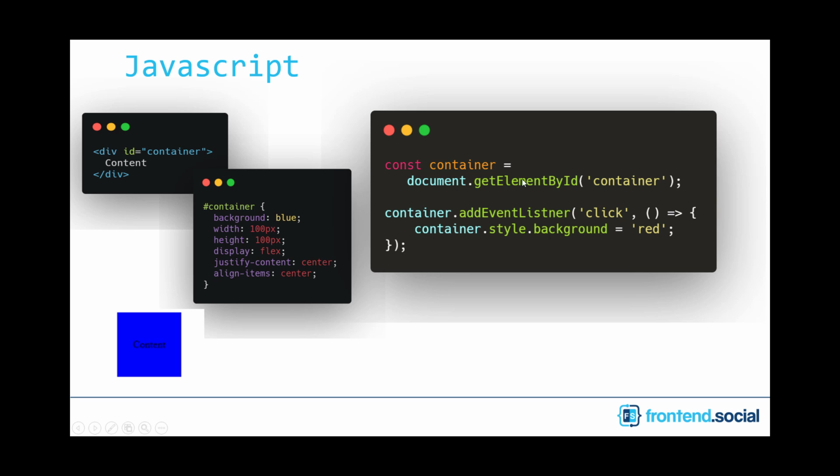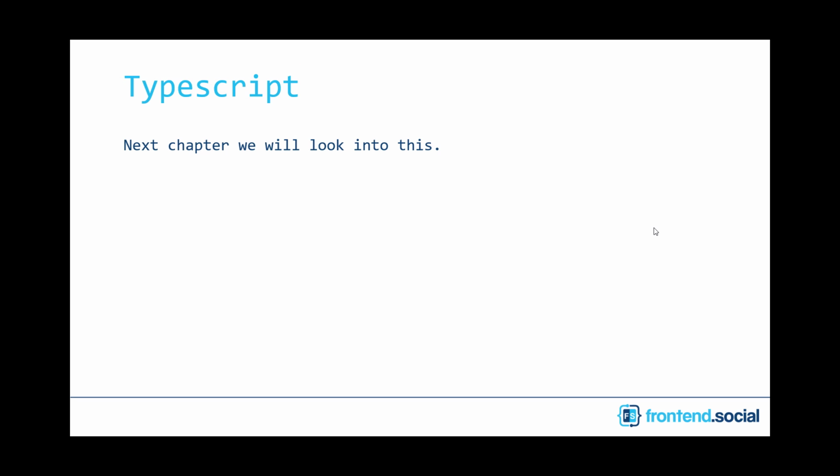Then we attach a click event on that DOM by calling addEventListener click. The first parameter is the type of event, and the second parameter is a callback function. Inside the callback function, we change the background of the DOM. You will see that when I click on the content element, it changes its color. So that's the JavaScript dynamic behavior.